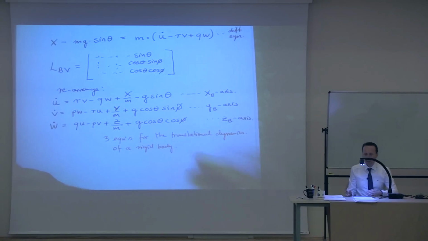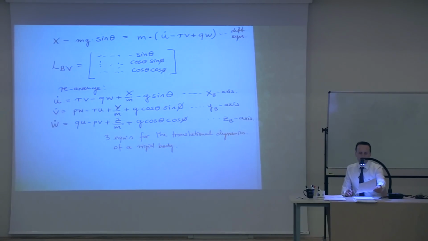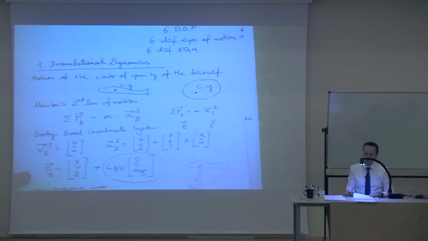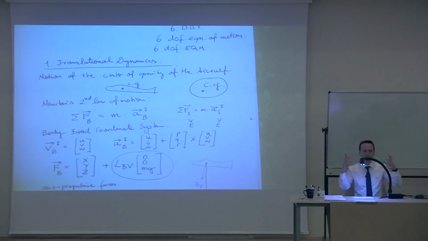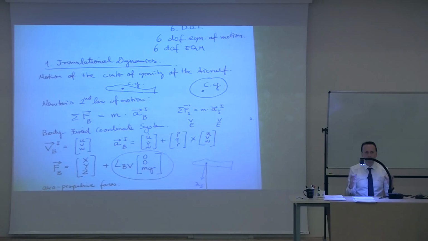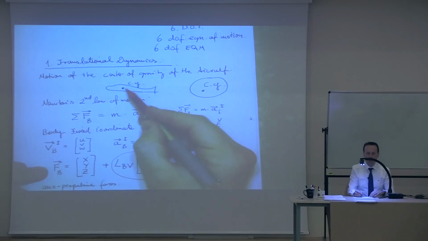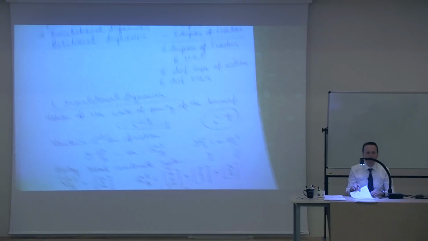So why is it a rigid body? The reason we are calling this a rigid body is because the CG is kind of fixed. If the body wasn't rigid, if the body was flexible, the CG would move because of the flexibility, right? So the assumption here is that the CG doesn't move because of flexibility. We call this just rigid body dynamics.